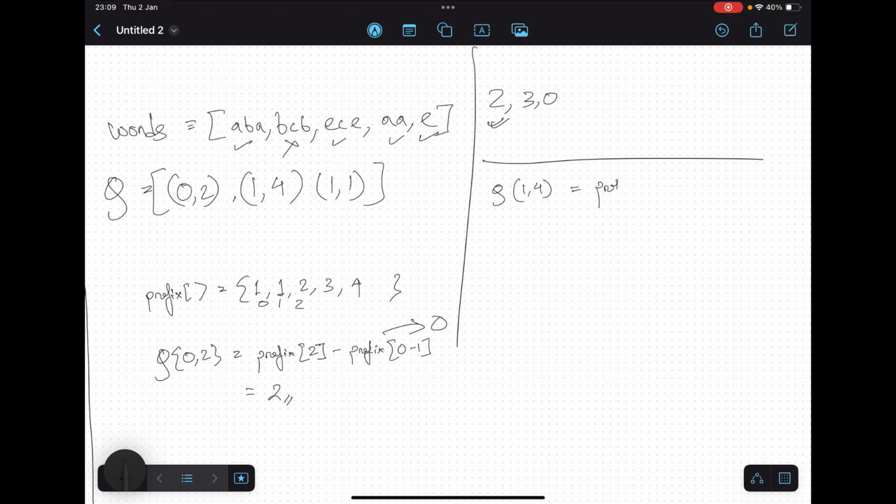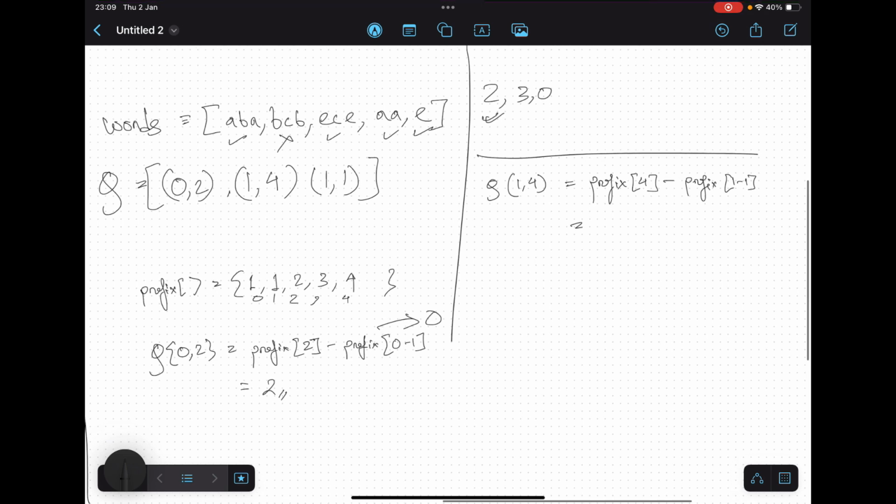This is prefix 4 minus prefix 1 minus 1, which is prefix 4, which is 4, minus prefix 0, which is 1. So this is 3, which is again our answer.